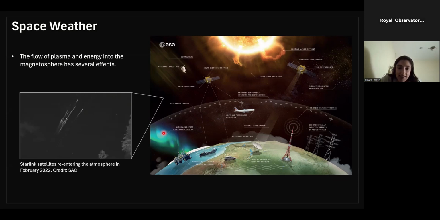In addition to that, we have changes in the currents in the upper atmosphere that we mentioned earlier. And these changes in currents can affect GPS signals, causing navigation errors. They can affect high frequency radio waves, and they can also induce currents in the Earth's crust.